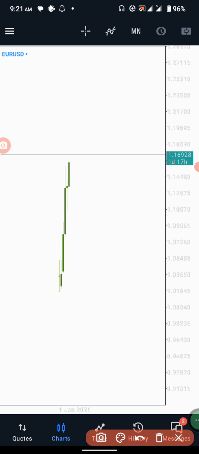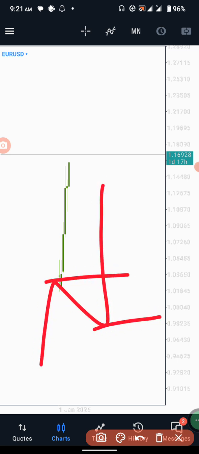So I now know that EURUSD is in an uptrend, or Euro is stronger than the dollar right now. So I have to focus on uptrend moves, or focus on areas of liquidity of uptrend.